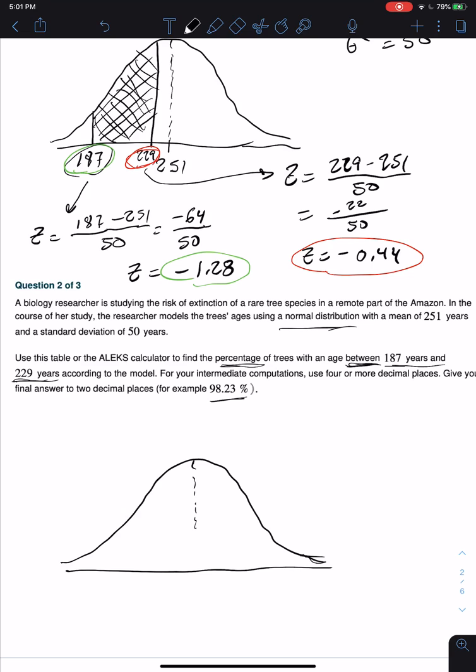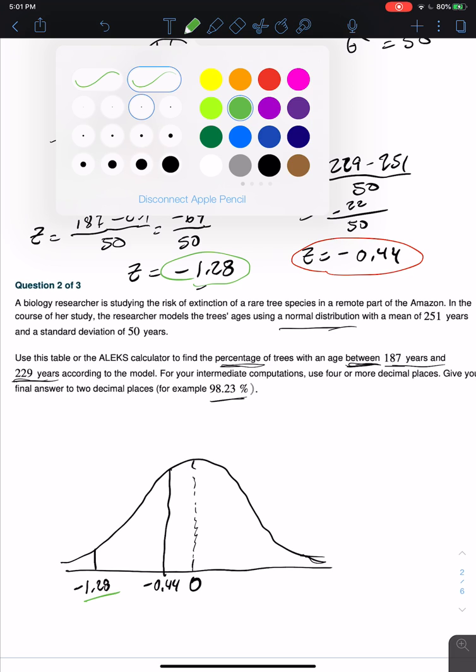Standard normal curves have a mean value of 0. And let's go ahead and finish this off now. This has a z-score of negative 1.28. That's this green one. And this z-score is negative 0.44, and that's the red one. Let's put a little green with the green and a little red with the red.